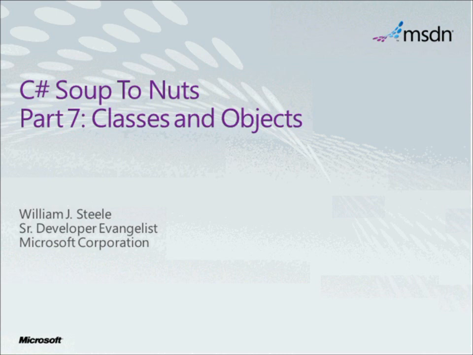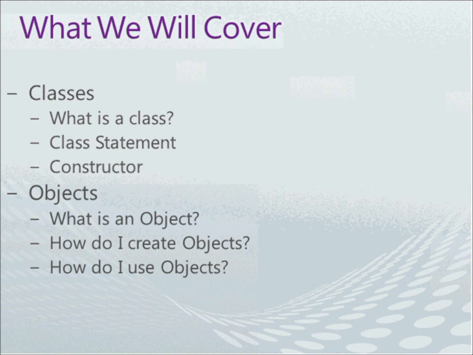And the way we define those is through a technique called classes. So we're going to take a look at both classes and objects today. We'll see how you define a class and how you can actually use it to create objects or instances of those classes.